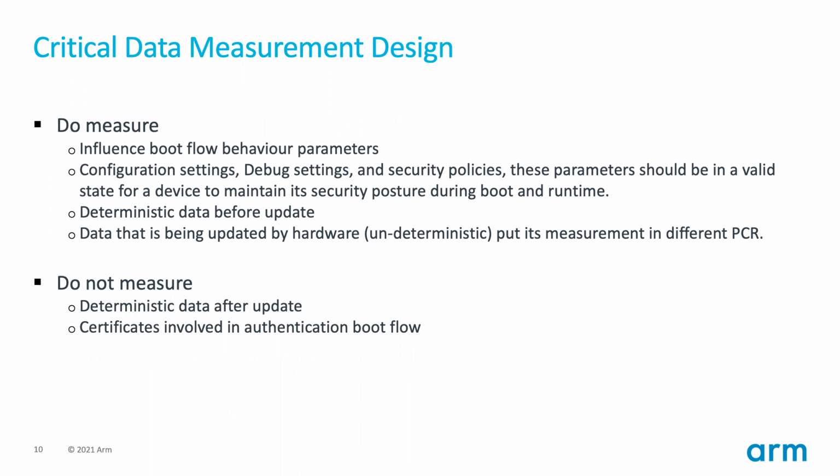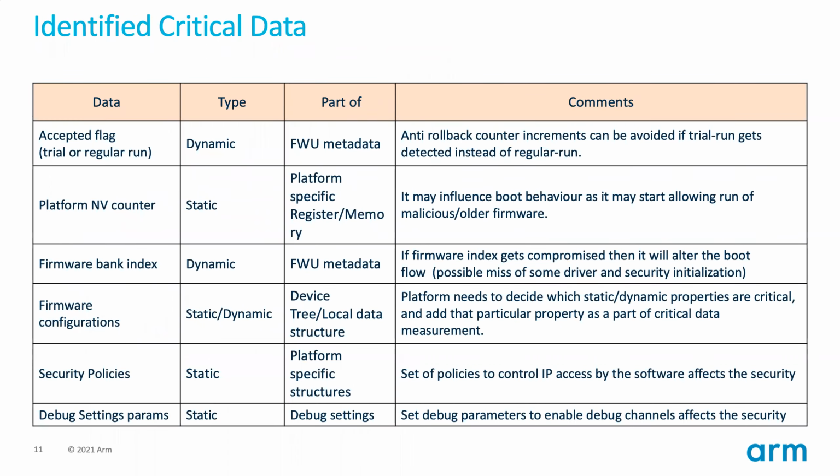Okay, so to go ahead, we found these kinds of data which are currently floating in our firmware: the accepted flag in firmware update metadata, which is dynamic since it gets updated from the update agent; the platform NV counter that most platforms are using; the firmware bank index; and the firmware static and dynamic configuration and security policies.